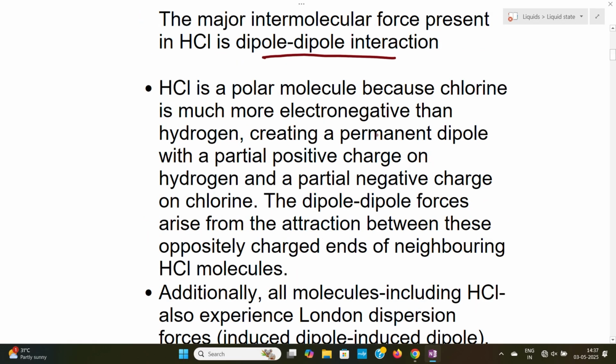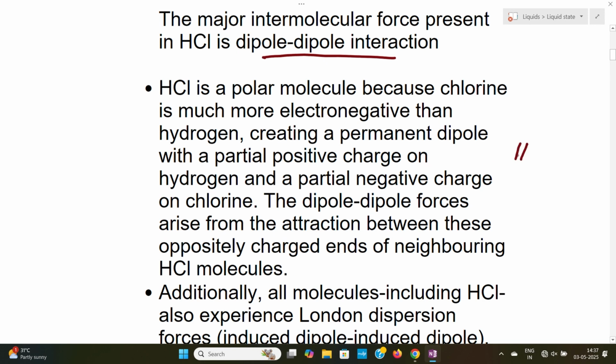HCl is a polar molecule because chlorine is much more electronegative than hydrogen, creating a permanent dipole with a partial positive charge on hydrogen and a partial negative charge on chlorine. The dipole-dipole forces arise from the attraction between these oppositely charged ends of neighboring HCl molecules.